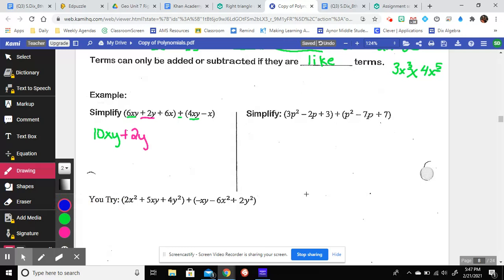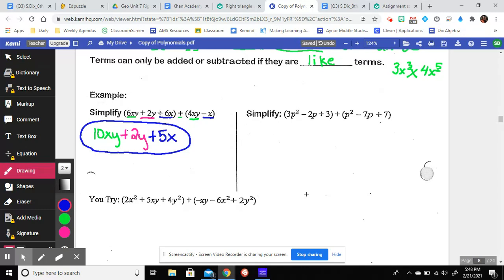Then I have a plus 6x and a minus x. You have to look at those signs in front and what's in between here. So 6 plus negative 1 would be positive 5. So we put plus 5x. And then we look, we have no more like terms. And so that is our answer. We just added the coefficients on the ones that were alike and put the sign in between the others. And that's all there is to adding polynomials.